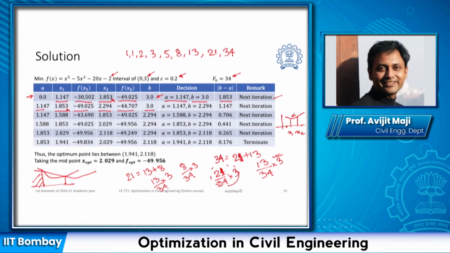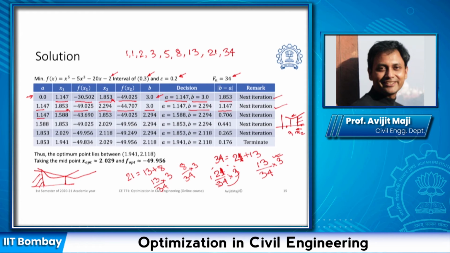So the function value is reducing on this side, so we can reasonably say that the region is never going to lie on the right hand side of this particular point. So we can move our upper boundary to this new point, which we are doing here, and we are retaining the other boundary. At this point again, the interval is 1.147, which happens to be higher than the accuracy we want to achieve, hence we move to the next iteration.